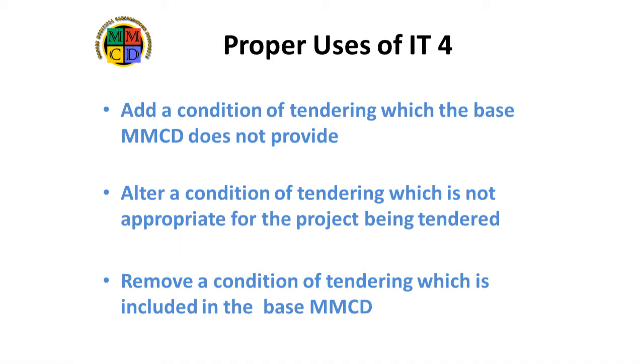Say an owner wishes to add a condition of tendering which requires the submitted package to include a copy of the bidder's corporate safety policy. MMCD does not provide language for this, so the author will simply write the necessary requirement as a subclause of IT-4.